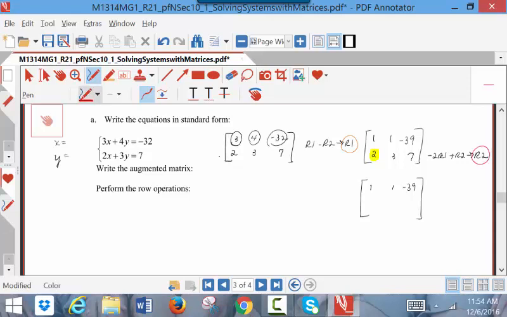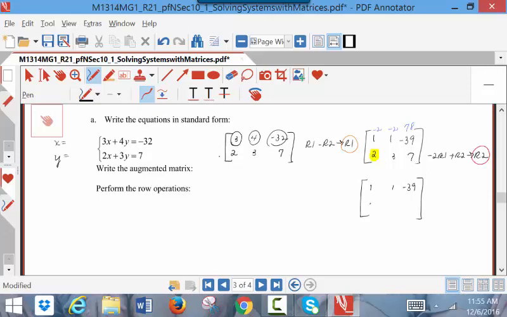All right. So if I take negative 2 times row 1, negative 2 times 1 is negative 2. Negative 2 times negative 39 is going to be a positive 78. Is that right? Okay. Take the blue numbers and add them to row 2.